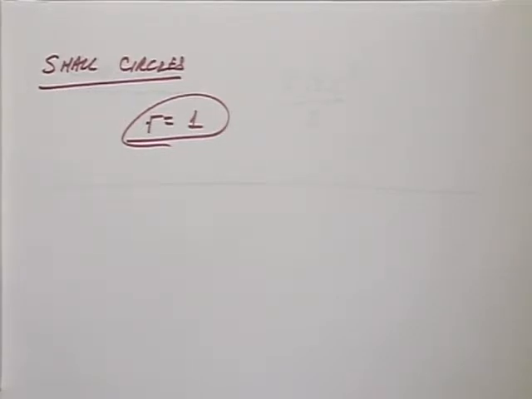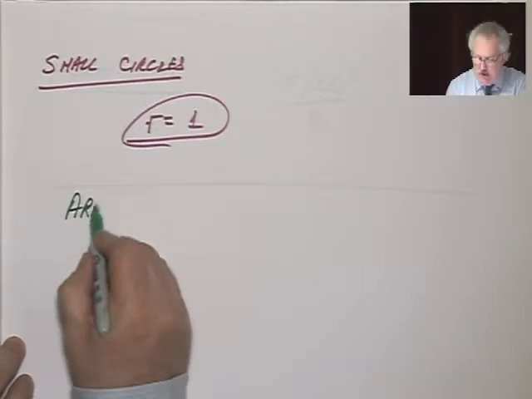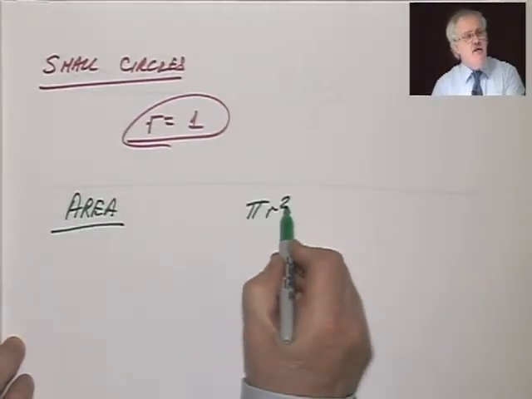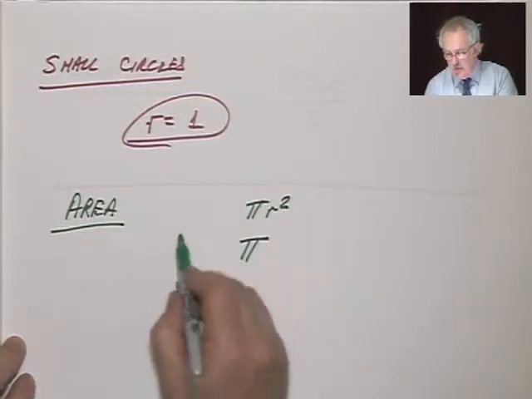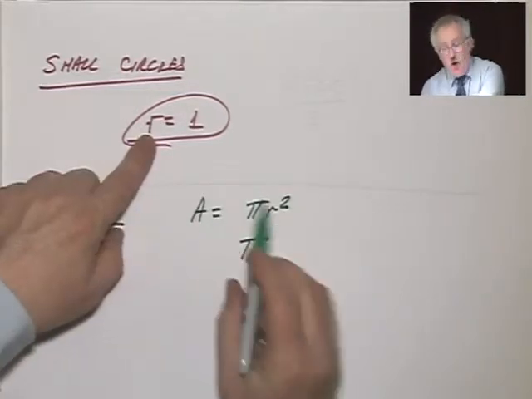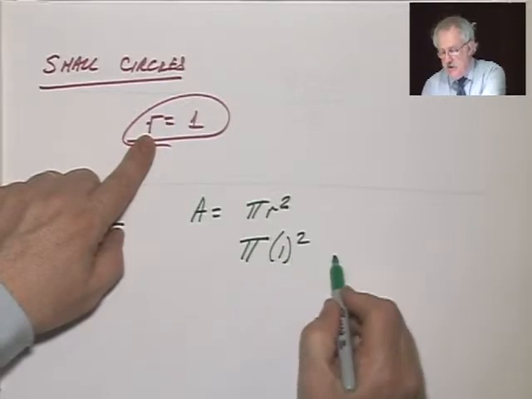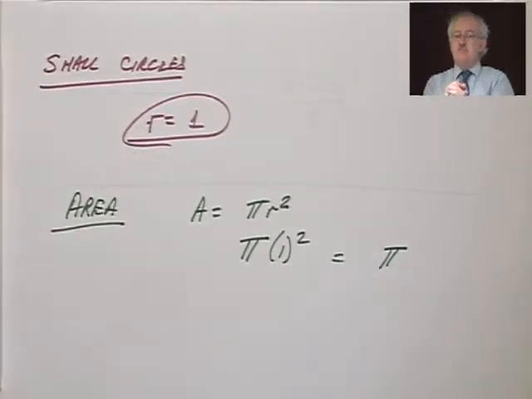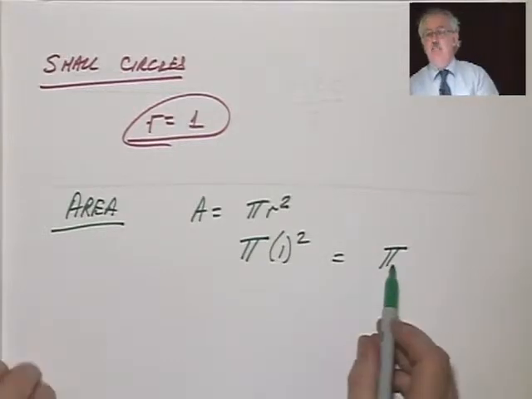Well, what's our process? You go to the tables, you look up area. What's the area of a circle? You're told it's pi r squared. You're told the r is 1, which is great, and 1 squared will be just pi. So the area of each of these small circles is just pi.